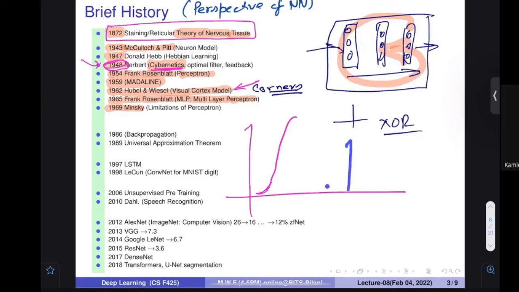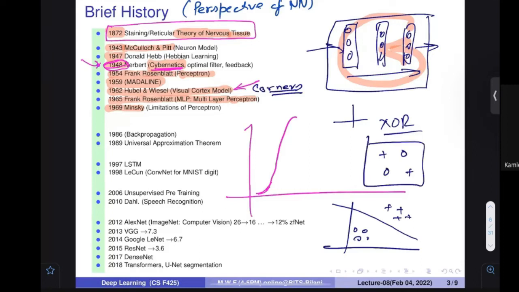If the data is like this, where on one side there are positive examples and on the other side there are negative examples, then we can draw a line. But if the positive examples are here and negative examples are here, I cannot draw any line. He mentioned this particular thing in his paper.